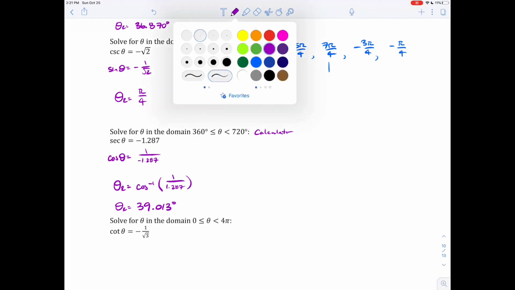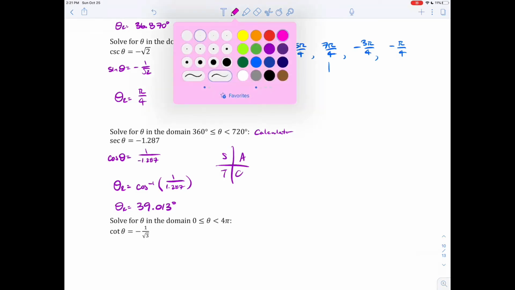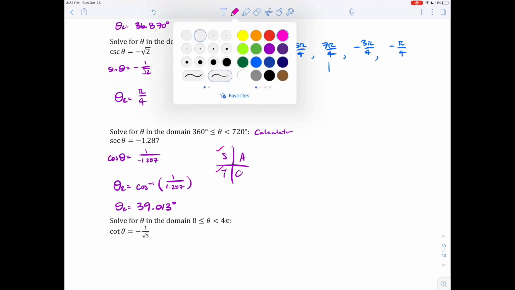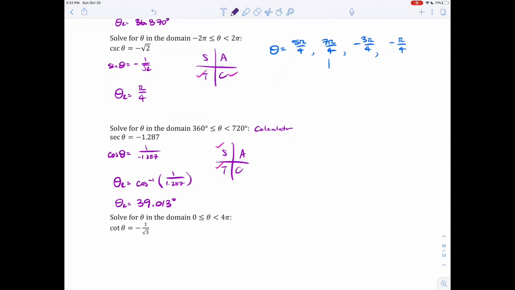We are dealing with quadrants 2 and 3, since cosine is negative. In quadrant 2, we're dealing with 180 minus that value, which is 140.987 degrees.